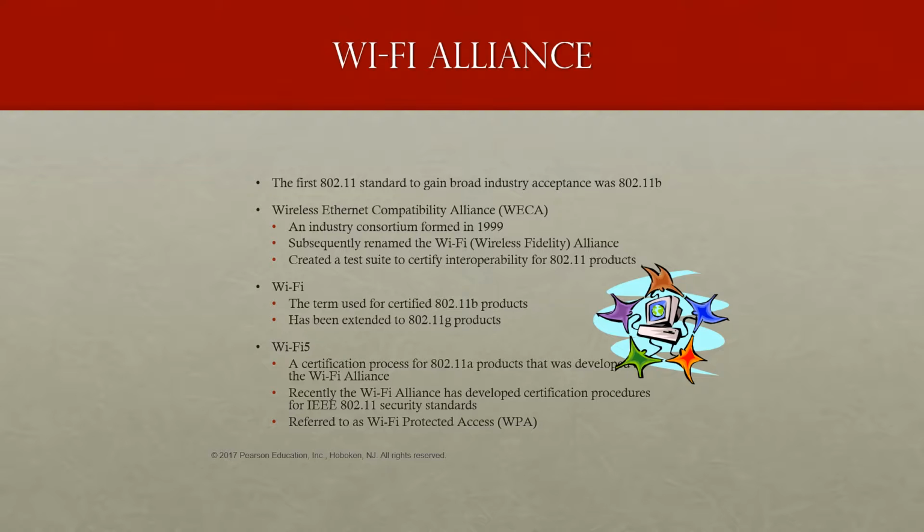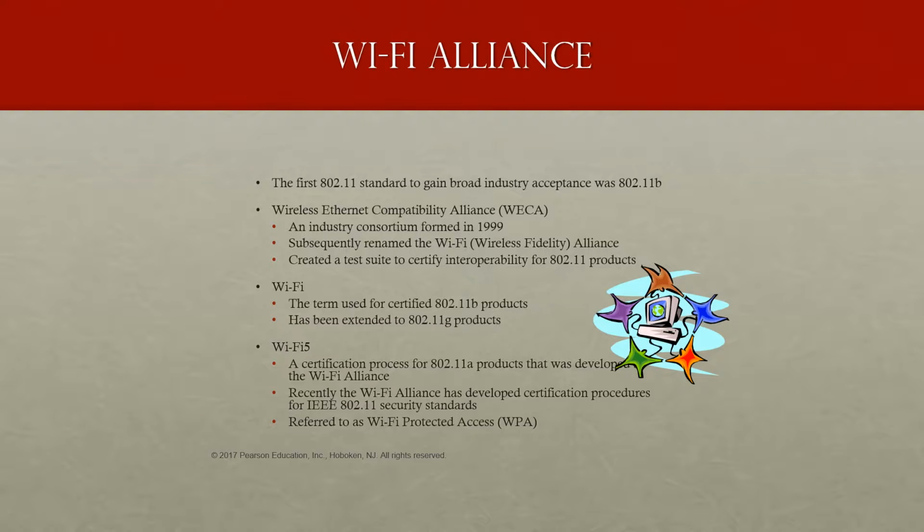To meet this concern, the Wireless Ethernet Compatibility Alliance, WECA, an industry consortium, was formed in 1999. This organization, subsequently renamed the Wi-Fi (Wireless Fidelity) Alliance, created a test suite to certify interoperability for 802.11b products. The term used for certified products is Wi-Fi.